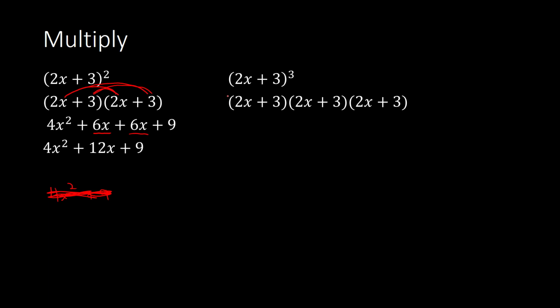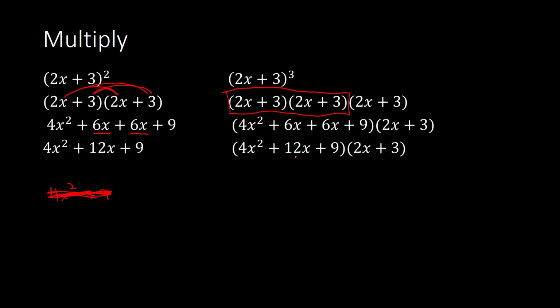So for example, here, if I just multiply these two together first, 2x plus 3 times 2x plus 3, I would then get, as we just found, 4x squared plus 12x plus 9. Okay, we just did that over here. But then, once you have that, you're going to multiply again by this 2x plus 3 over here.